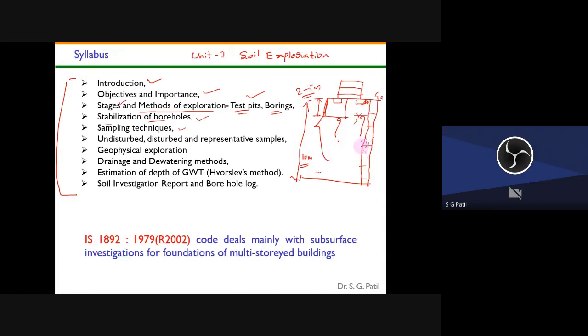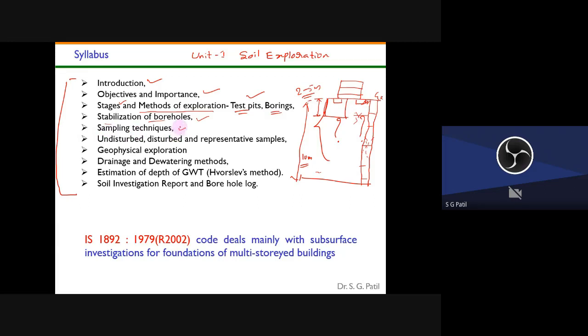Otherwise, if you disturb that soil, whatever properties you get will be erroneous, which may not tell you the true nature of the soil. That's why different techniques are there to collect soil samples.